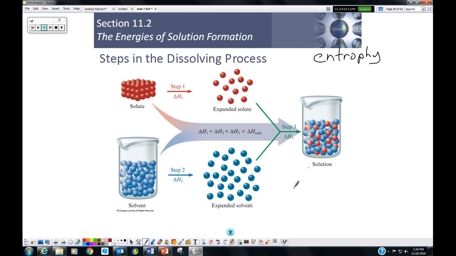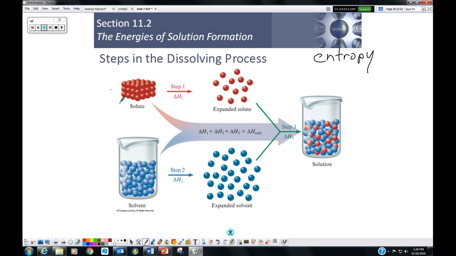No. I'm just off today. All right. So I want you to keep in mind entropy. Does anybody recall what entropy is? The tendency to go towards chaos? Yes, the tendency to go towards chaos or disorder in this case.